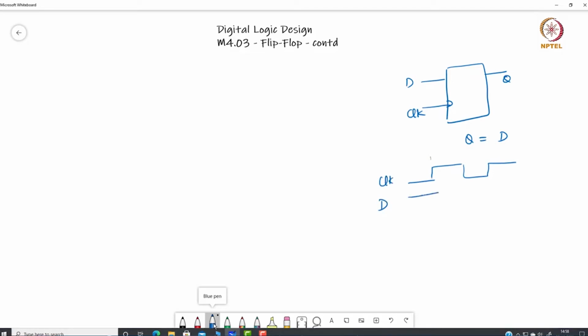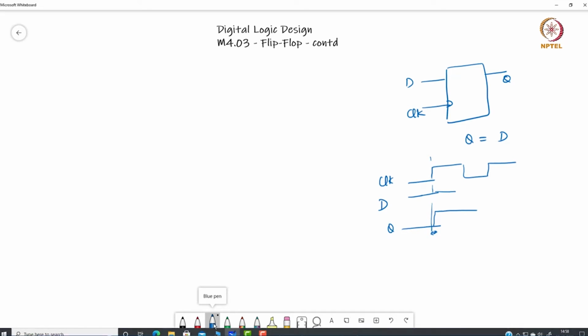Whenever this positive edge comes, the output Q would be reflected after some propagation delay. So after this propagation delay, whatever is the value of D, that would be reflected in the output. So this is the characteristic equation, or the output function, for D flip-flop.